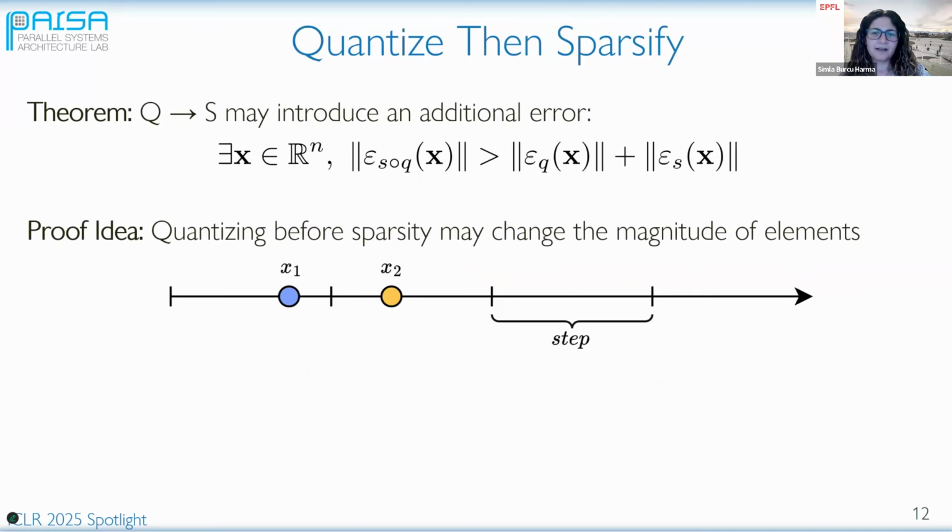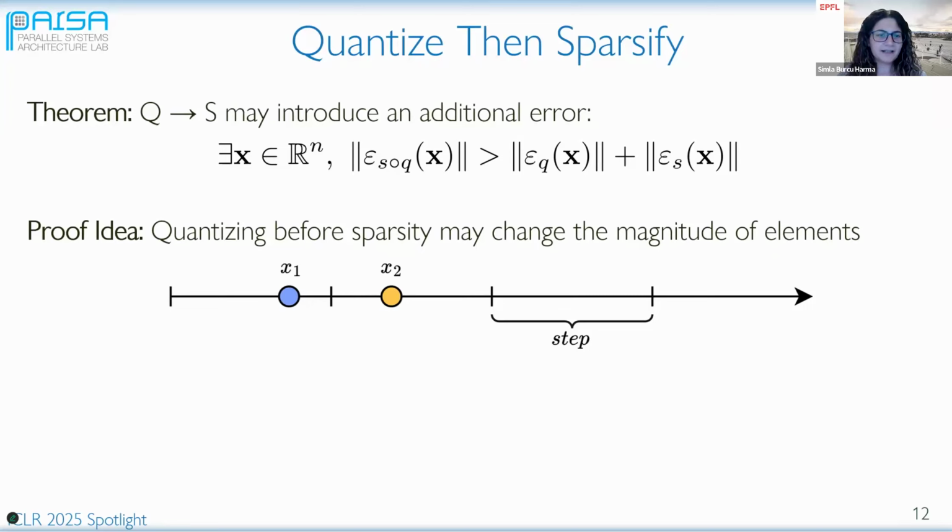Now we prove that quantizing first and then sparsifying after can lead to extra, additional errors. And to prove that, it is enough to show that there exists at least one input x with a higher error of combination than the sum of the individual errors. And this happens because quantization may change the order of the tensor elements.